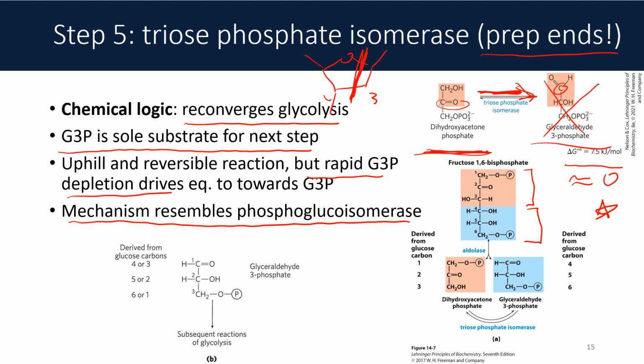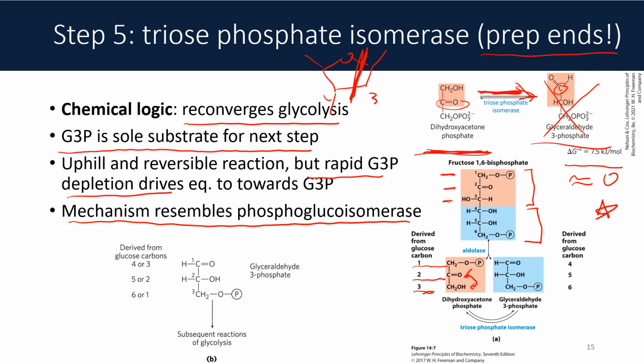And so carbon 1 of DHAP was also carbon 1 on F16BP. This ketone lines up with carbon 2. And then the hydroxyl lines up with carbon 3. Triose phosphate isomerase is going to move this there and the hydroxyl into the secondary position.